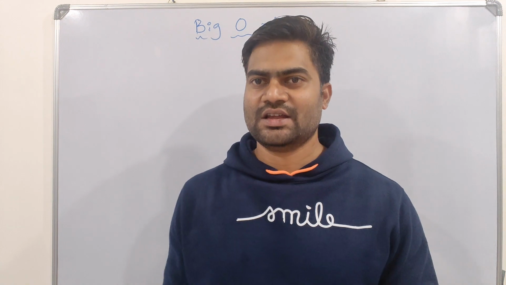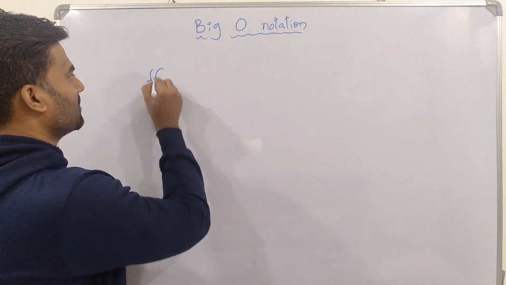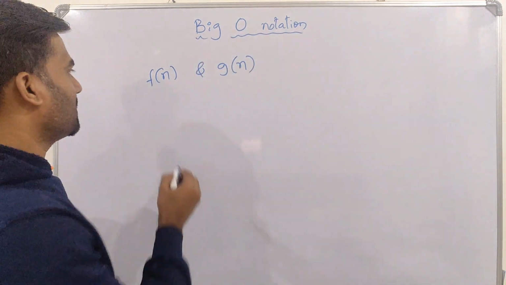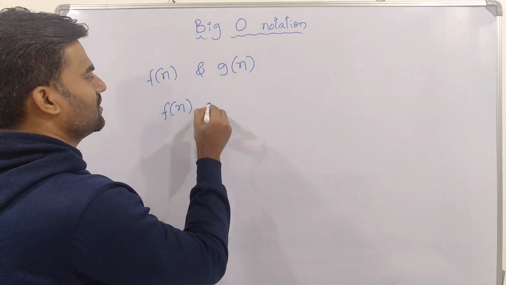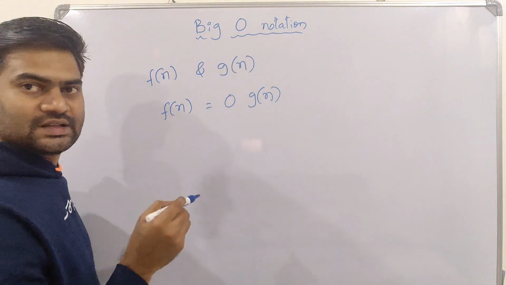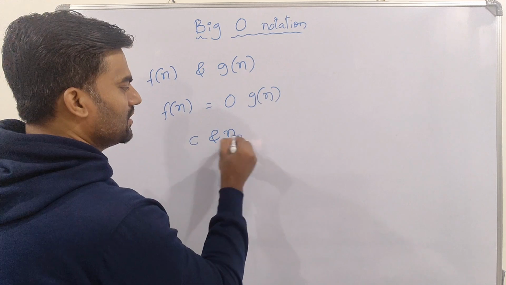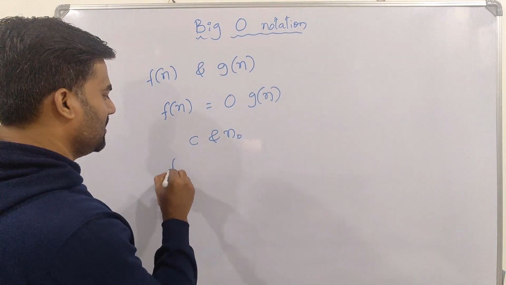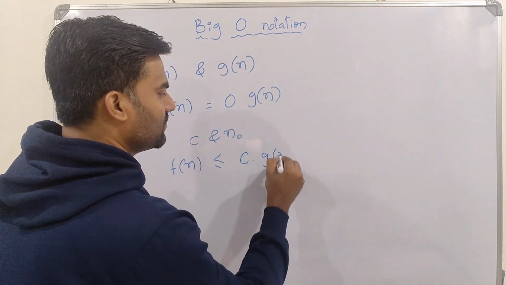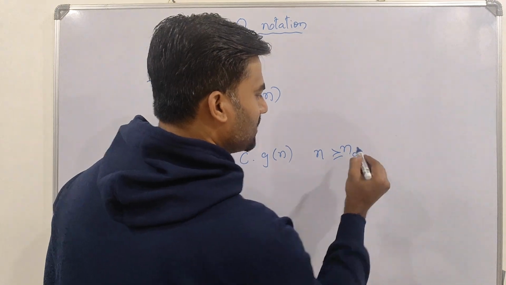Let us consider two functions, f of n and g of n. We say f of n is equal to big O of g of n if there exist constants c and n naught such that f of n is less than or equal to c into g of n for all values n greater than or equal to n naught.